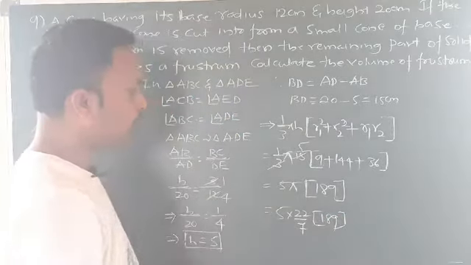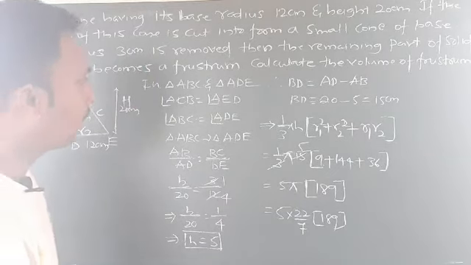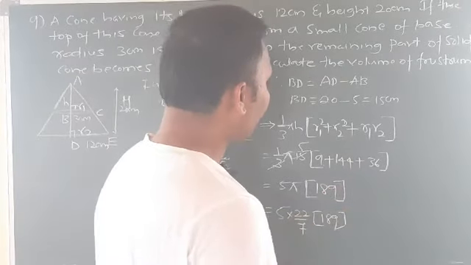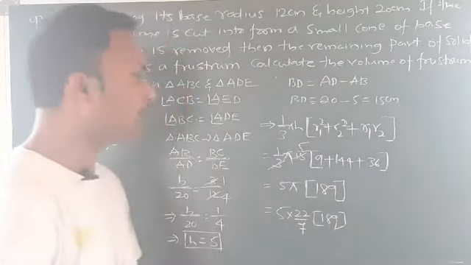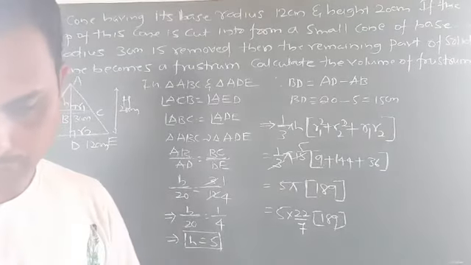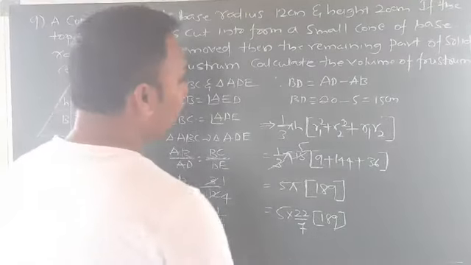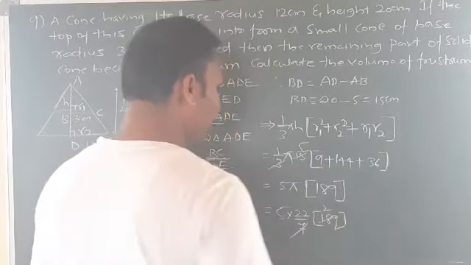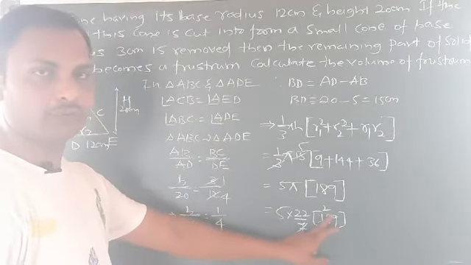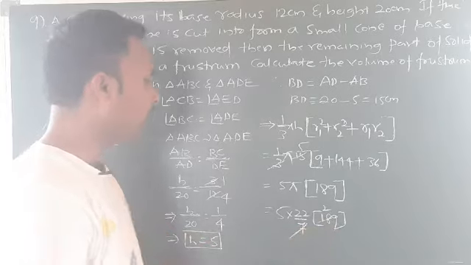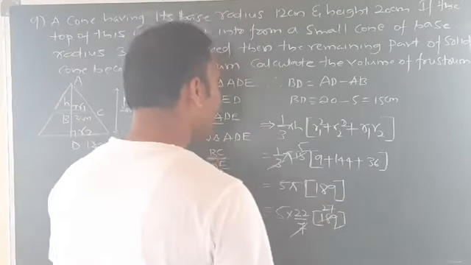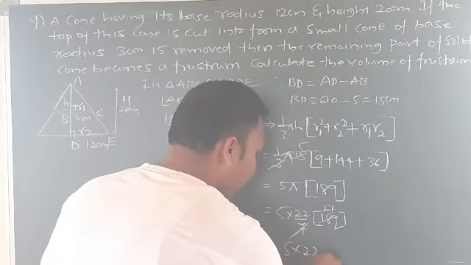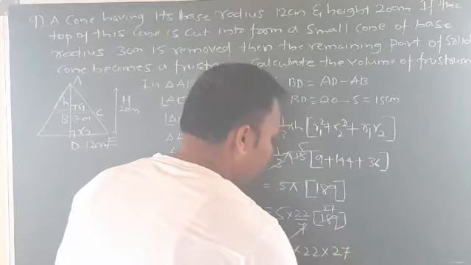So let me check if 189 is correct. 7 twos are 14, so 4 is remaining, so it is 49, so 7 it is. Now this becomes 5 into 22 into 27.